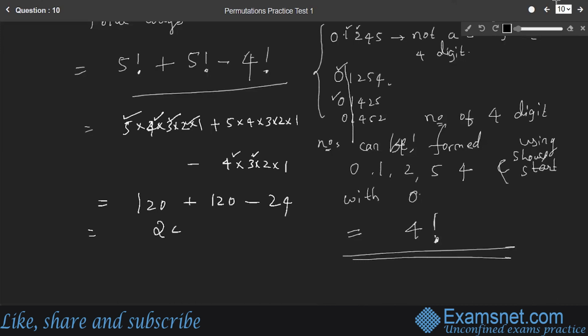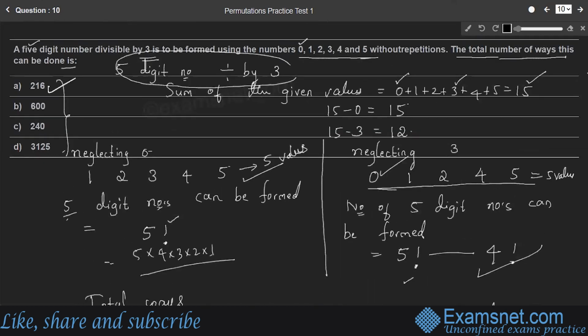So it is 240 minus 24, which is 216. So 216 is the right answer. Option A. That means 216 5-digit numbers can be formed using these 6 values which are divisible by 3. So option A is the right answer.